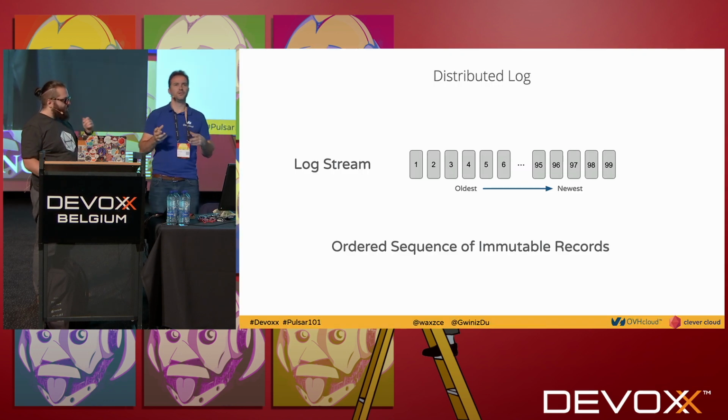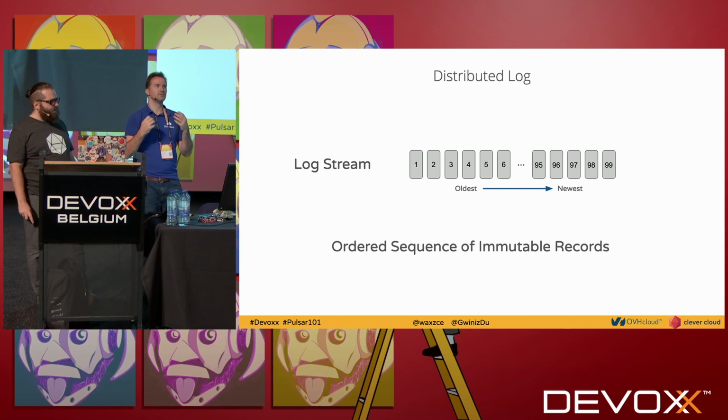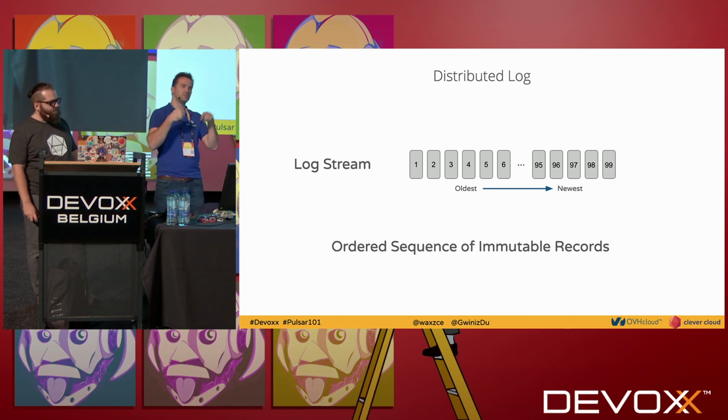Yeah, before saying it's distributed, what actually is messaging? The underlying data structure to create a queue or a messaging solution is actually a log. So what's a log? A log stream is an ordered sequence of immutable records. So you get events, messages, records, and you store them in order.